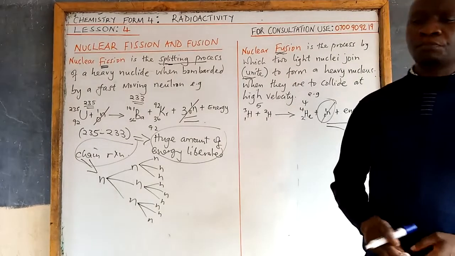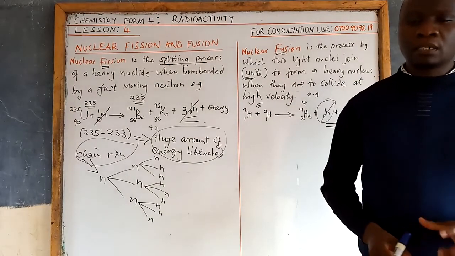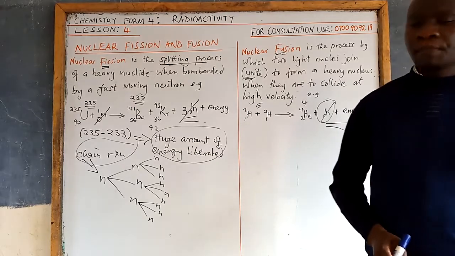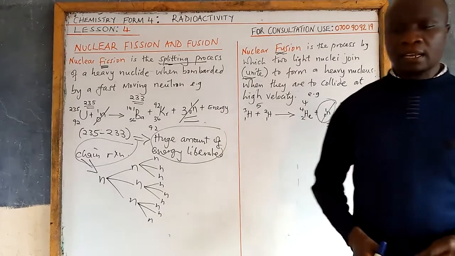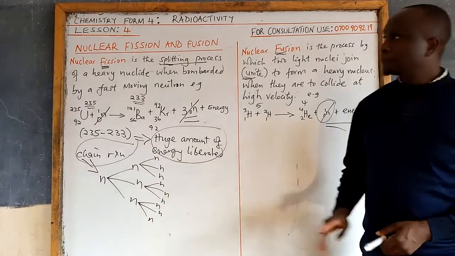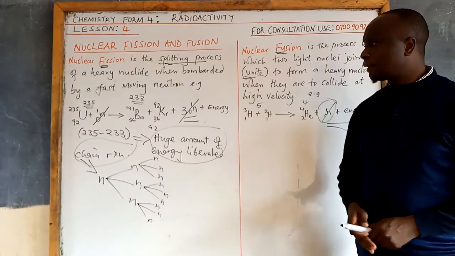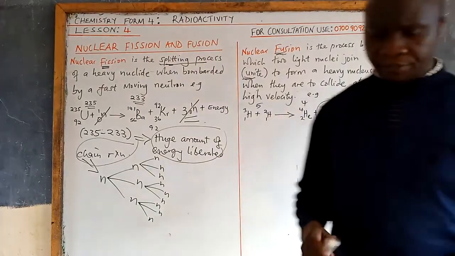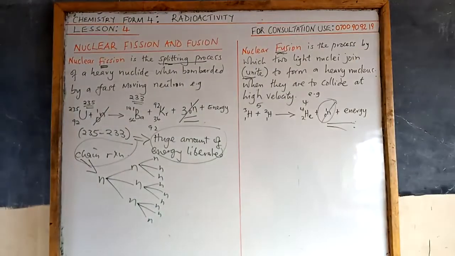I've prepared the notes for that. So let me project those differences on the screen, and even the similarities, and then we conclude by looking at the applications of radioactivity as well as some dangers, and that will mark the end of our topic, radioactivity.